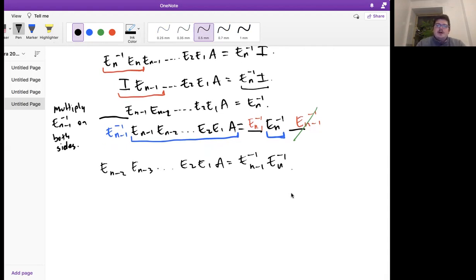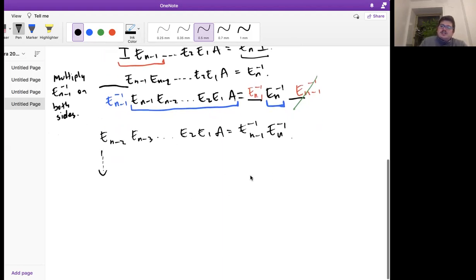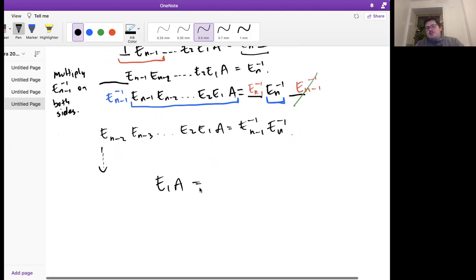Okay, good. I'm not going to go through every single n because I don't know how many we are. So let's just explain. Let's say we get down to E1A and someone read out to me what the right-hand side would look like. The big question is, what E is here? There's some inverse, E inverse, but what would it be?